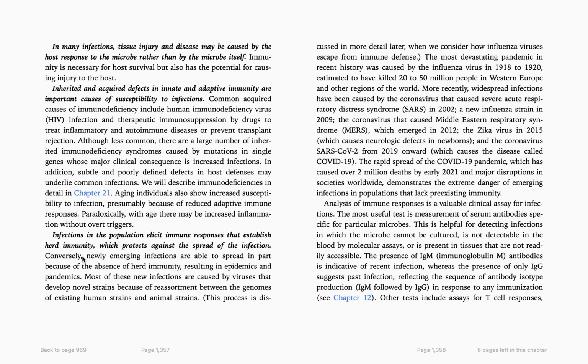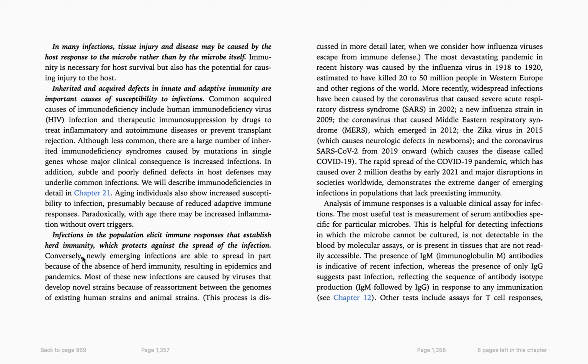Analysis of immune responses is a valuable clinical assay for infections. The most useful test is measuring the serum antibody specific for particular microbes. This is helpful for determining infections in which the microbe cannot be captured, is not detectable in the blood by molecular assay, or is present in tissues that are not readily accessible.